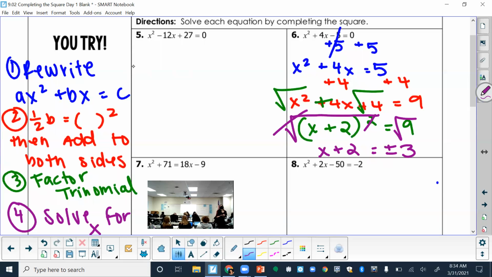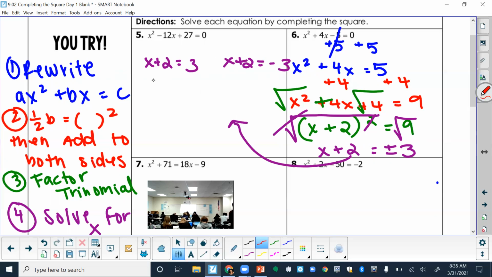I've been having you guys break these into separate equations. I'll do that over here because I'm out of room. But I have x plus 2 equal to 3, so that's the plus 3 portion of this, and x plus 2 equal to negative 3. Solve for x in both situations.